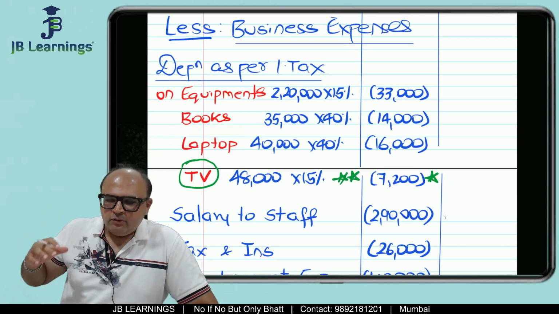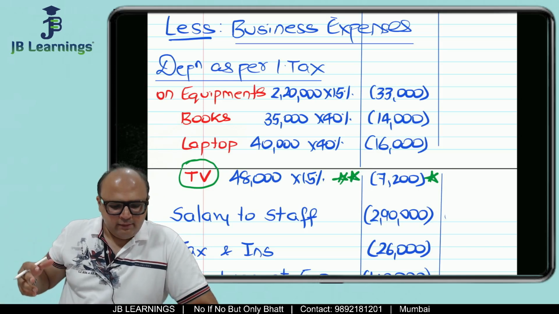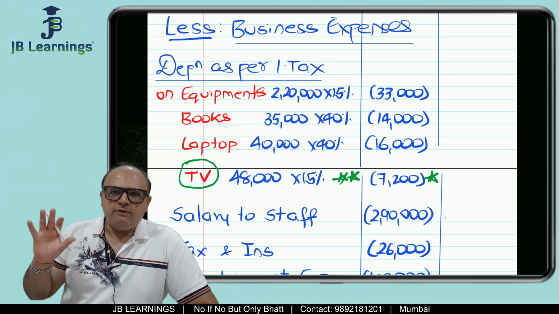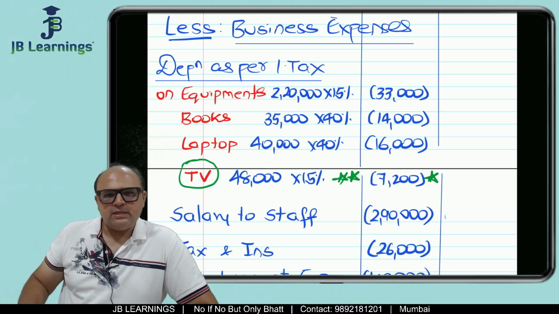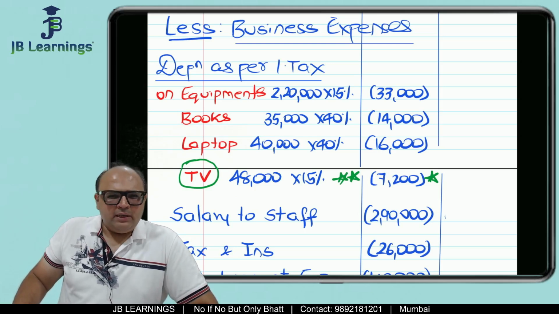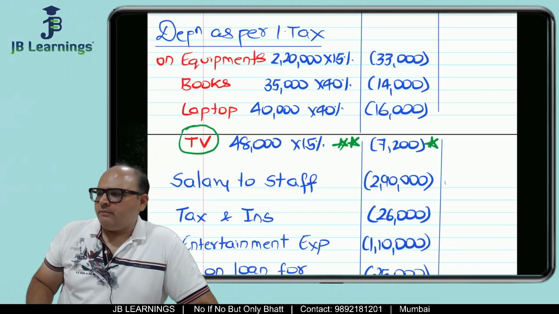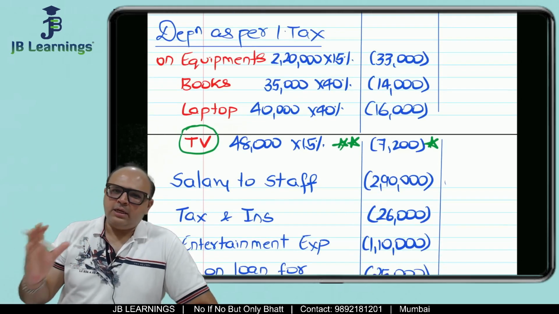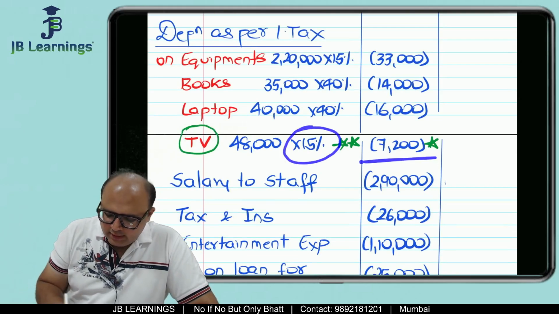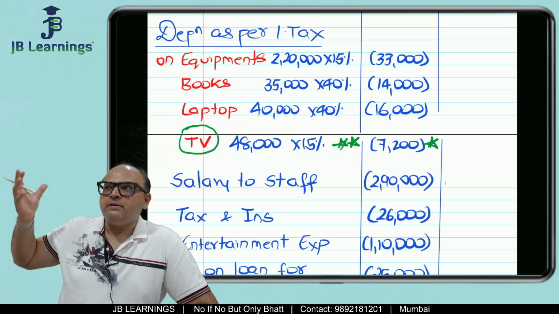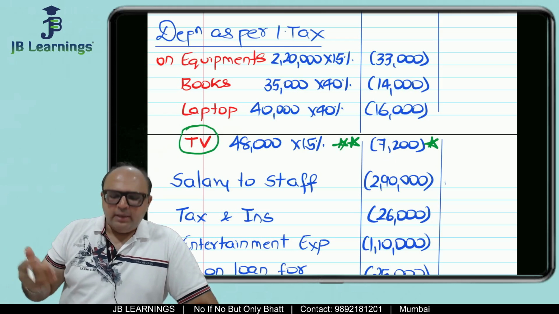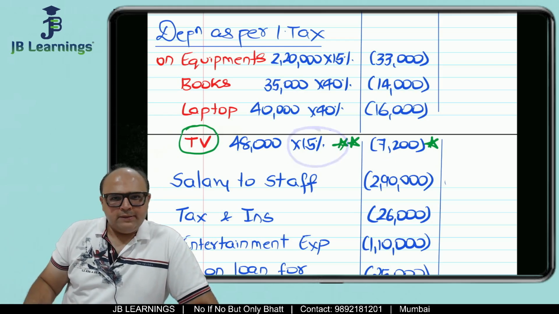Whenever you see alternative answers, it means if you write another assumption, they will give you marks for that also. This is a speciality of the professional course, that you don't have to ratify everything. If you assume something and it is a reasonable assumption, they can give you marks for that. So they have solved the sum as per 15%, but they have given that if you assume TV is used along with the computer and is a computer accessory, you may take higher depreciation of 40%.